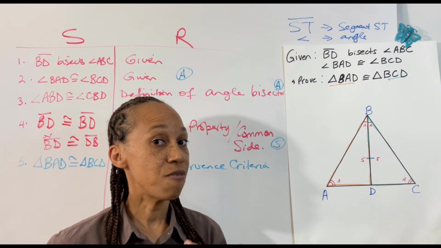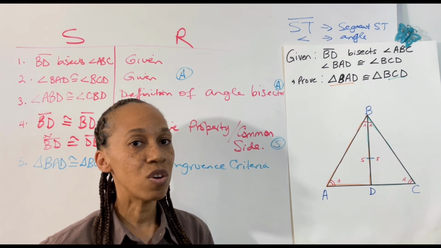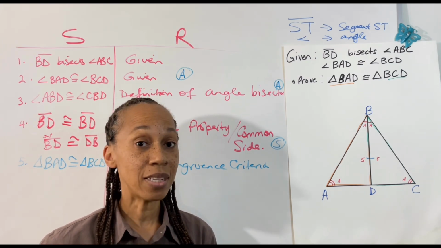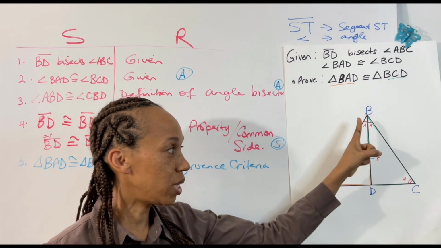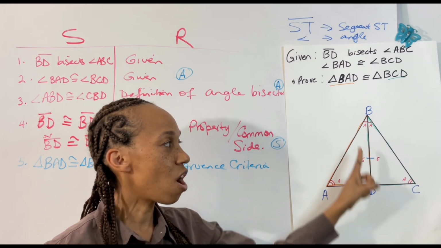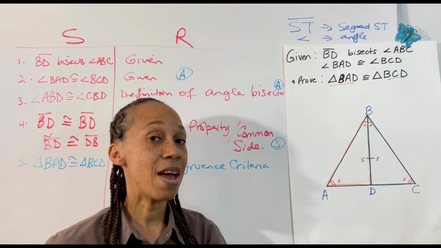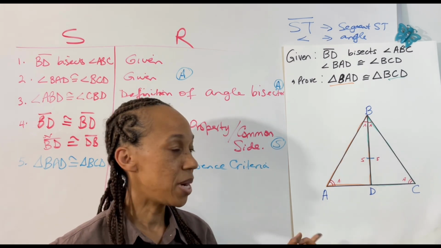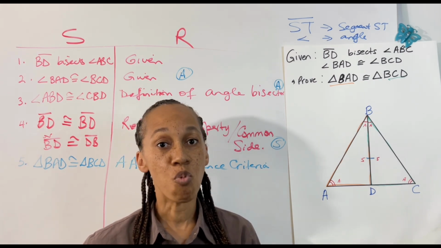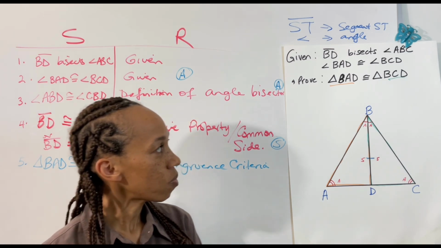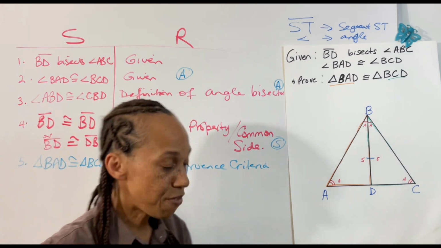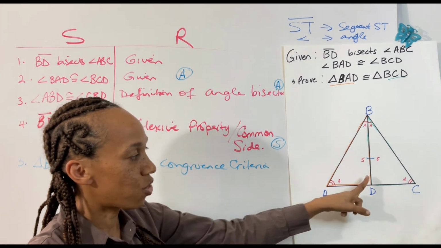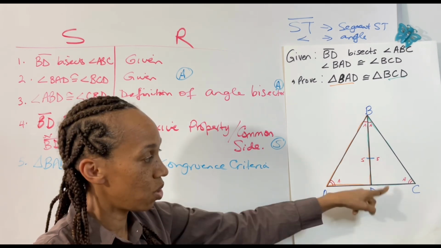And then if that was the case, you could simply say that as the reason when you write BDA is congruent to BDC, then for your reason you would simply write definition of perpendicular bisector from right angles.